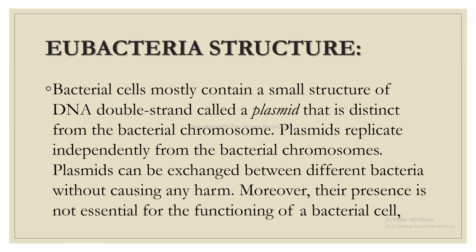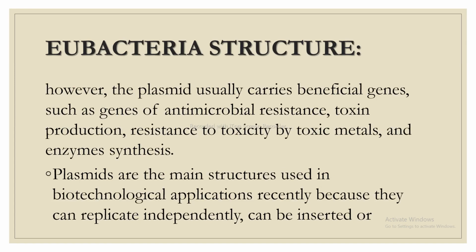Plasmids replicate independently from the bacterial chromosomes. Plasmids can be exchanged between different bacteria without causing any harm. Moreover, their presence is not essential for the functioning of the eubacterial cell. However, the plasmid usually carries beneficial genes, such as genes for antimicrobial resistance, toxin production, resistance to toxic metals, and enzyme synthesis.